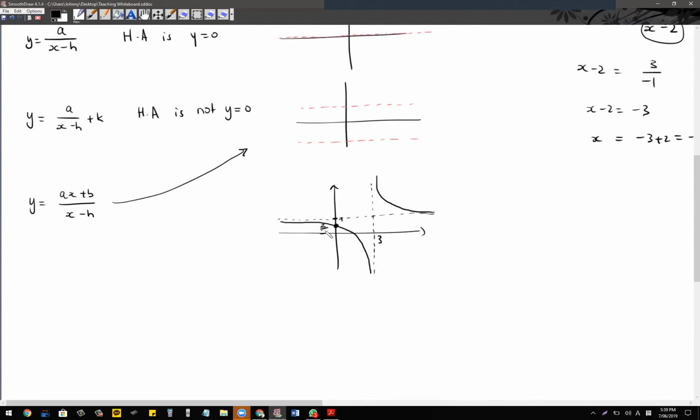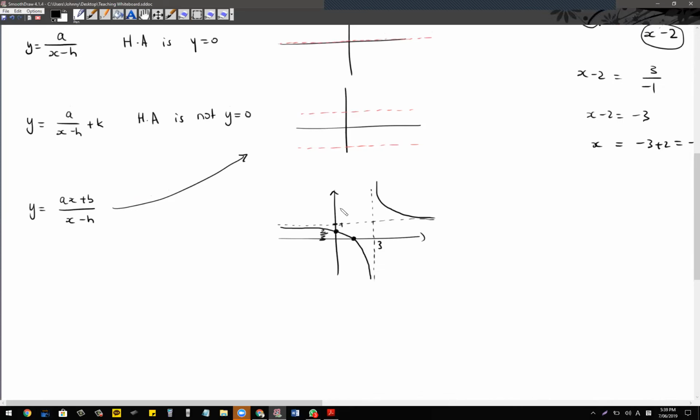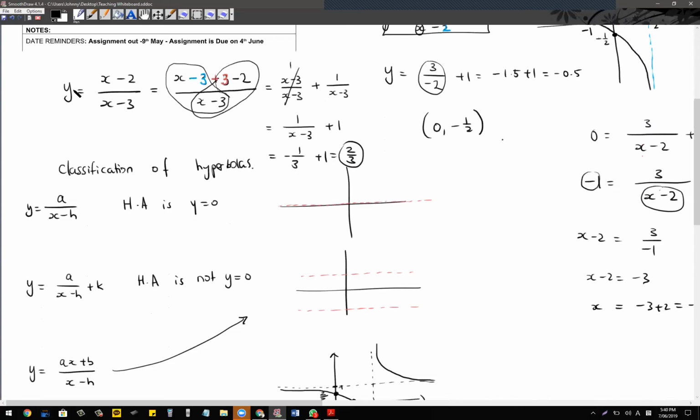In a similar way, you can figure out the x value there as well by plugging in y equals 0. That's pretty simple. You don't have to solve this equation, that's a lot more difficult, but let's try that. Let y equal 0. Negative 1 is equal to 1 over x minus 3.